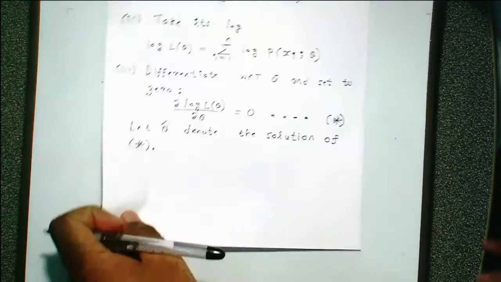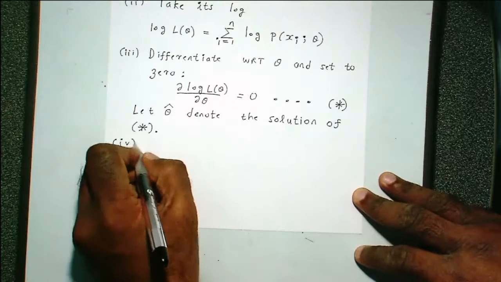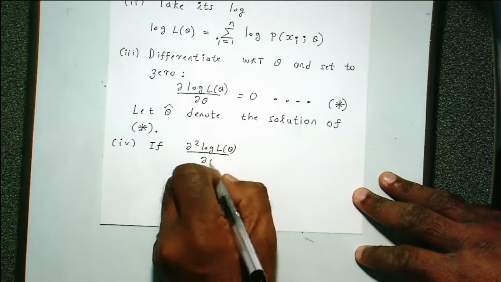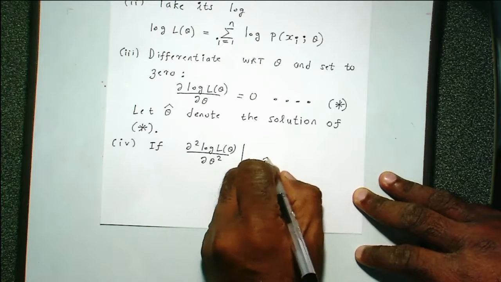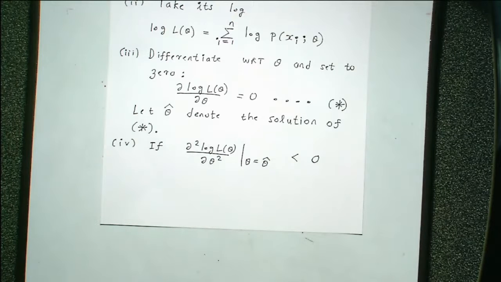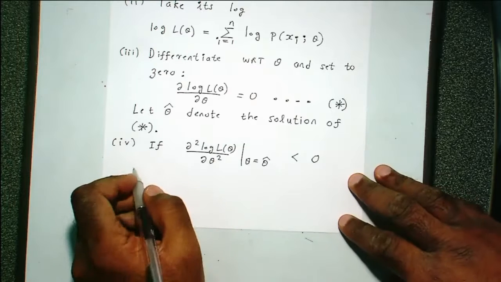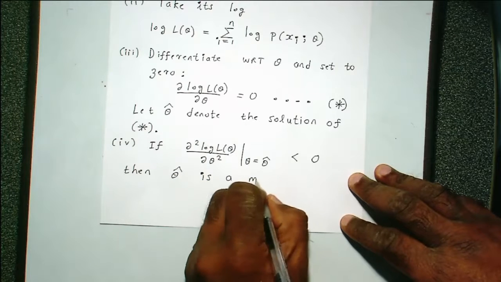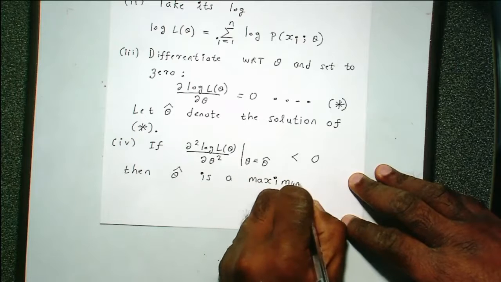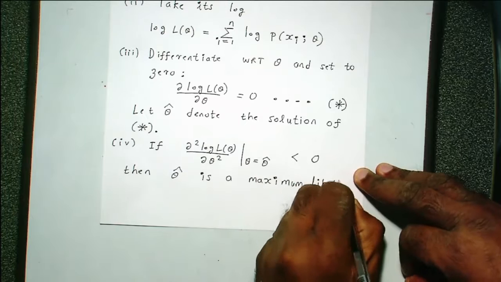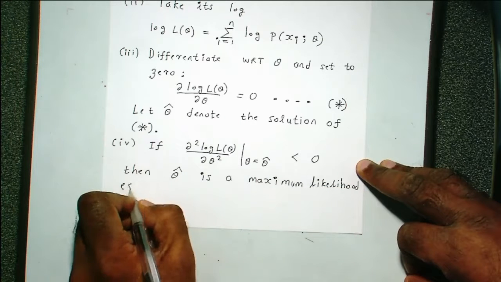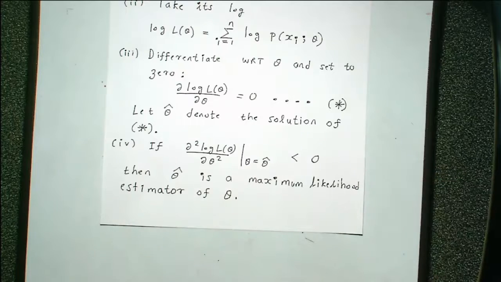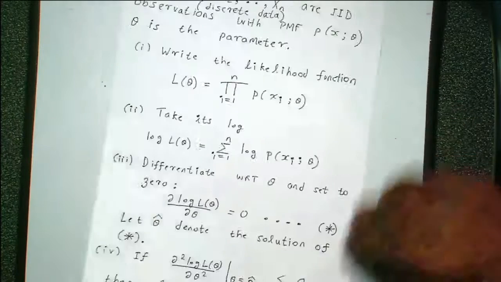And step 4, which is the final step, if the second order derivative at theta equal to theta hat is negative, right, then theta hat is the maximum likelihood estimator.